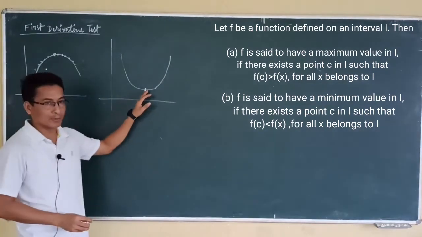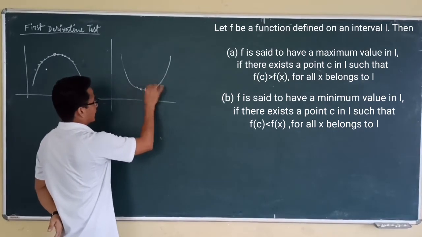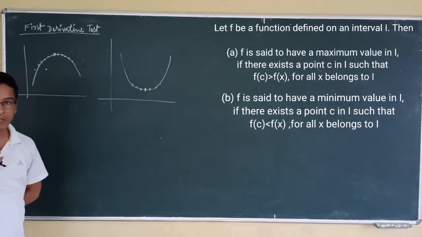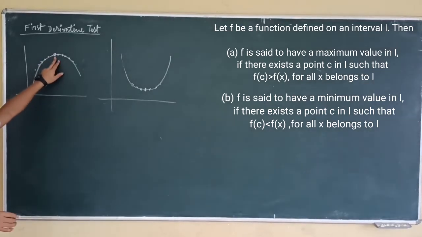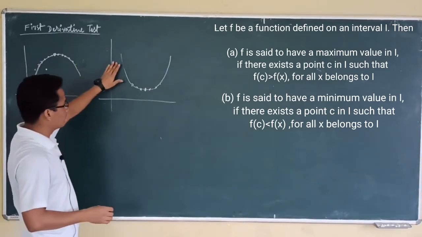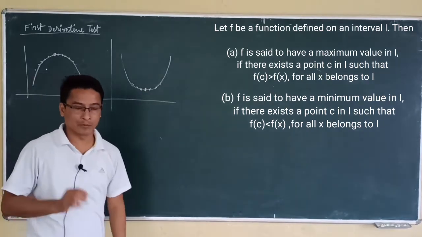This is the lowest among all other neighborhood points. So maximum value means, if you get a function like this, we get the maximum value at that point. If you get a function like this, we get the minimum value.